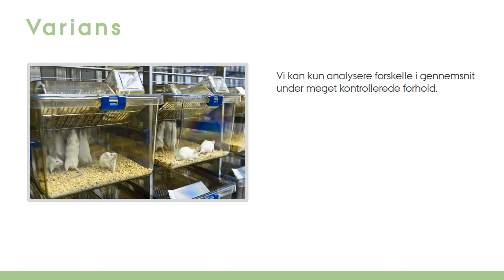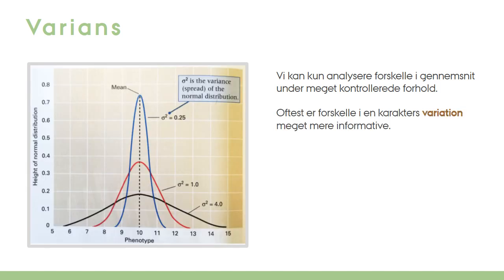However, this kind of setup is very impractical, and we have so much data from the real world. For example, like the Human Genome Project, there's so much information out there, but the environment is not controlled at all. So instead, what we do is look at the variation of a trait.